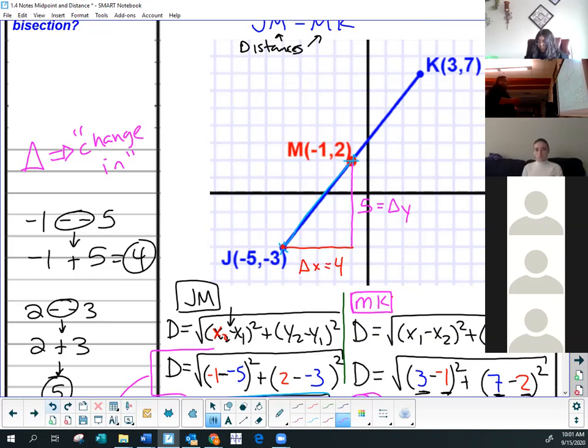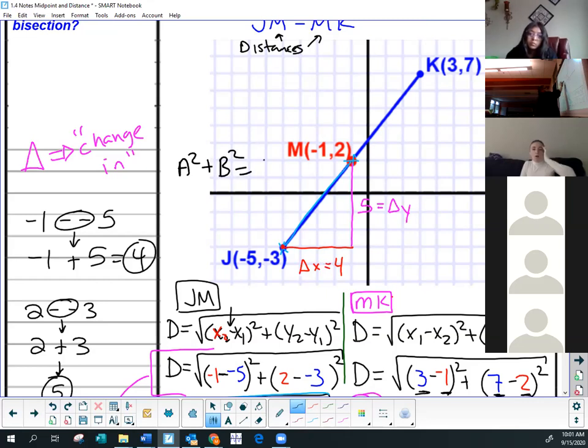But everyone take a look at the board right now. If I wanted to get the distance between J and M, what could I do? Solve for the hypotenuse. Yeah, can we just use this? Wouldn't that be as good as using the distance formula? What would the A value be? 4, or 5. It doesn't really matter which, right? So I can just pick one or the other.